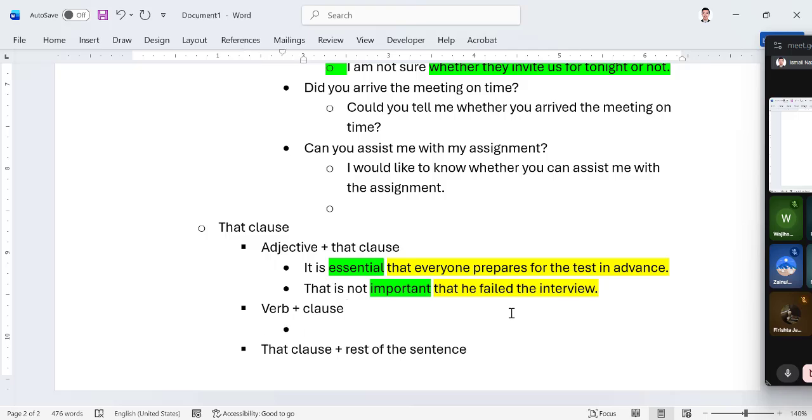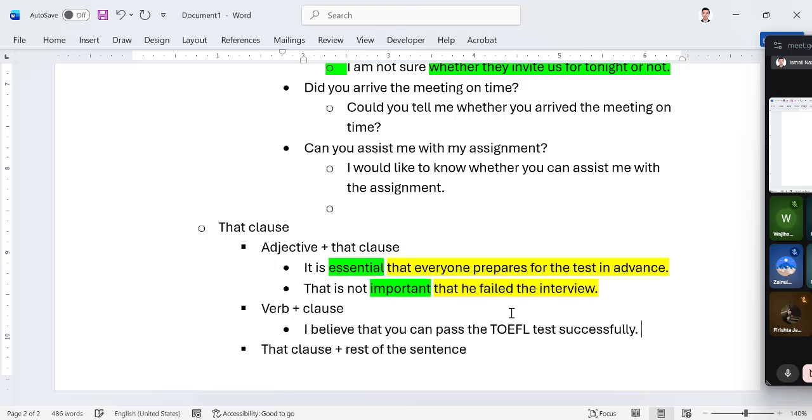We can also use it after the verb. Often after verbs, that is used as well. Think if I say, I believe that you can pass the TOEFL test successfully.